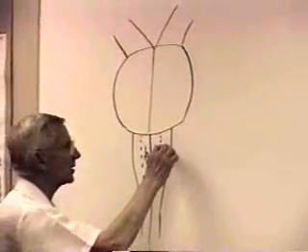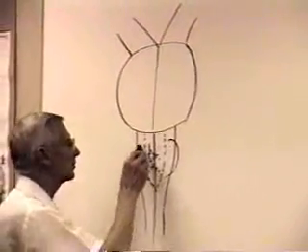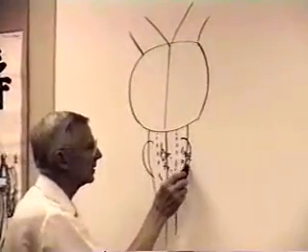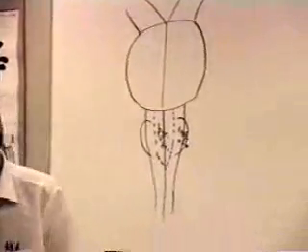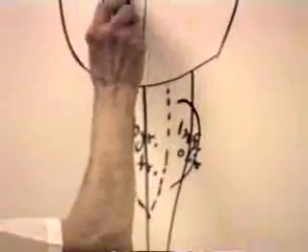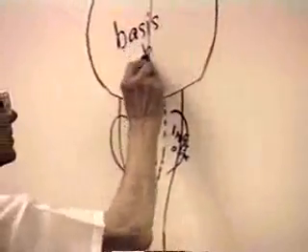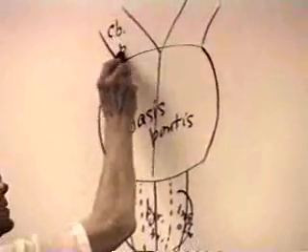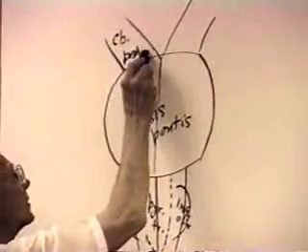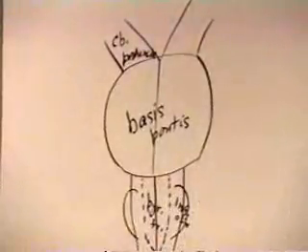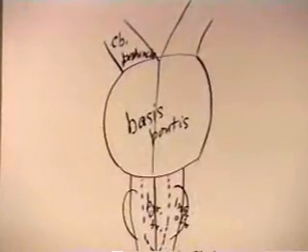Now, off to the side here, we have bulges in the inferior olive, and these structures, the basis pontis and the cerebral peduncles, represent major suprasegmental structures that obscure the basic segmental apparatus behind.